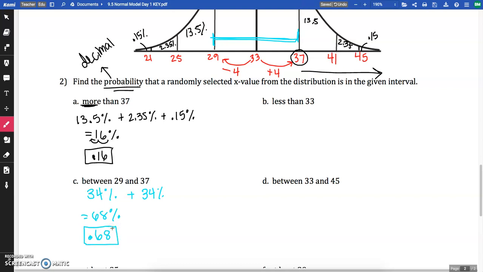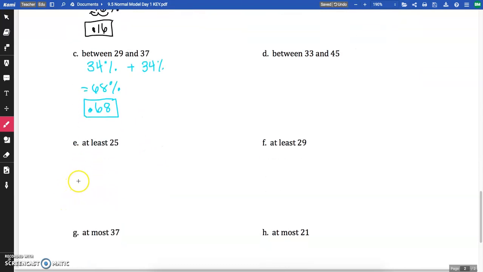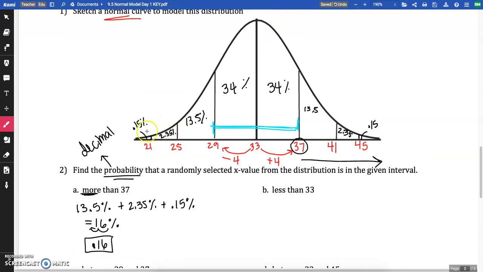Okay, I'm going to do 2 more with you, and then I'll have you try the other column on your own. So at least 25 means that 25 is the smallest value, right? At least 25. It can be anything bigger, but at least 25. So I'm going to find 25 on my normal curve. This is the smallest. This is at least. That means I can add up everything to the right.